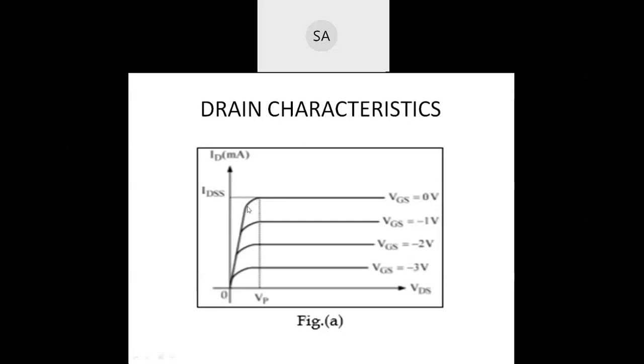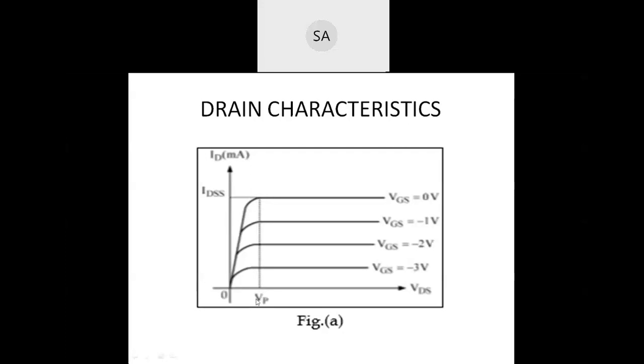This is the region we call curve A to B, and from point 0 to this point is the ohmic region. From this maximum point of voltage, the drain current is constant. That potential we call the pinch-off voltage.